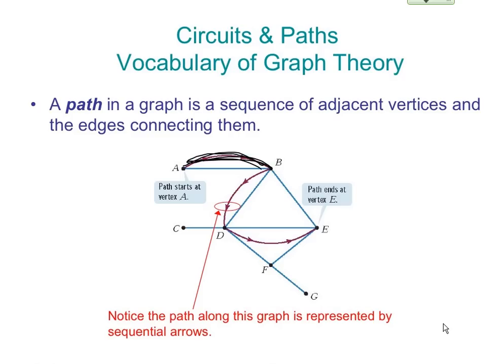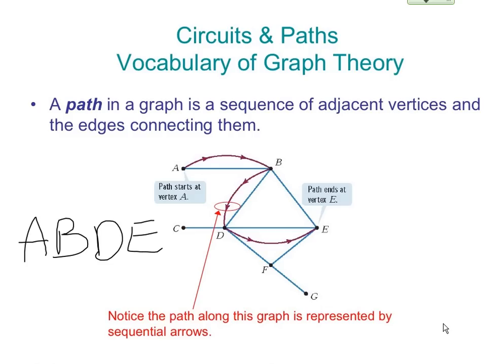They're just trying to tell you the direction of the path. So this path starts at A, and then it goes to B, then it goes to D, and then it goes to E. So this path shown by the arrows would be described by A, B, D, E.